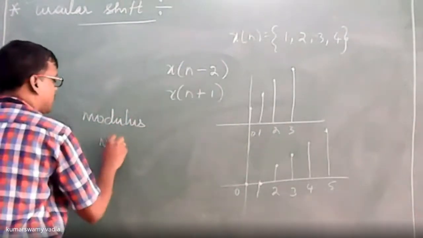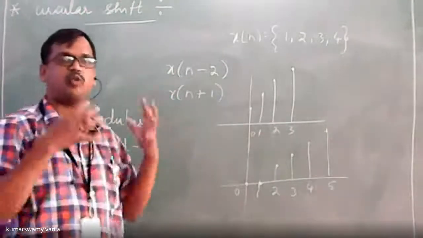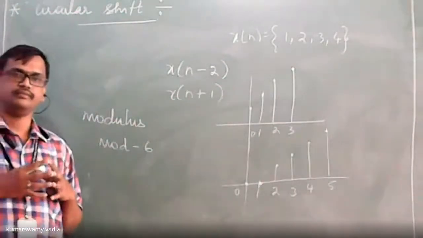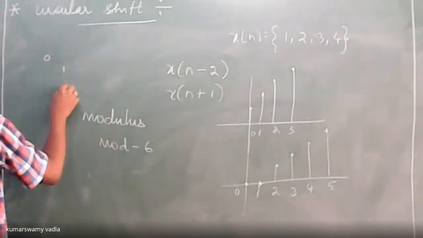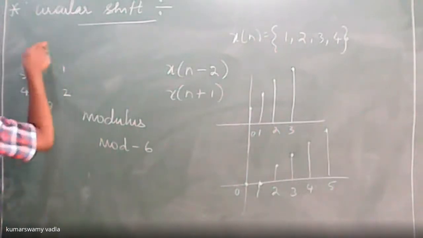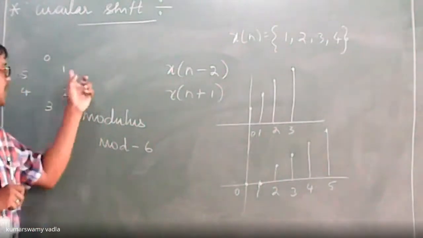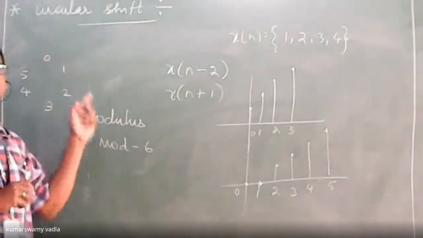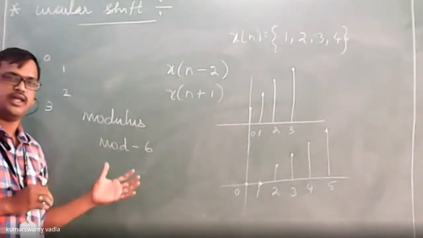Mod 6 counter means you have 0, 1, 2, 3, 4, 5. You won't get 6, you get 0 there. Then again it repeats. This is the sequence. This way of repeating the sequence is called modulus operation in mathematical terminology.